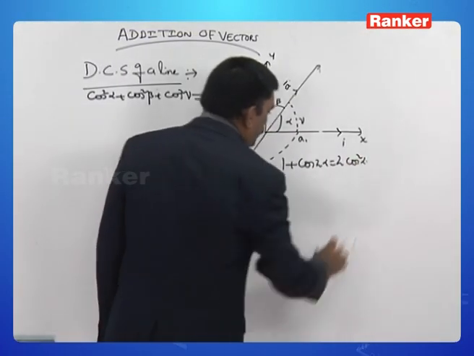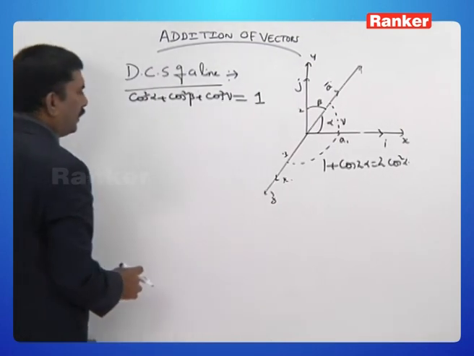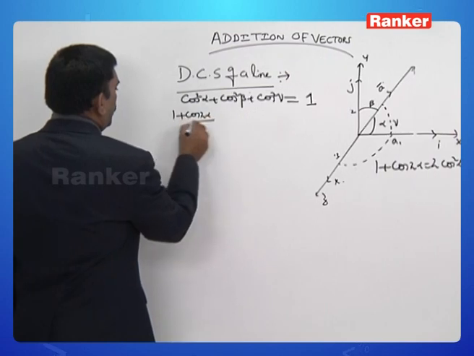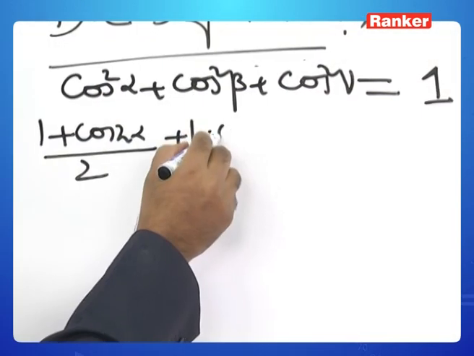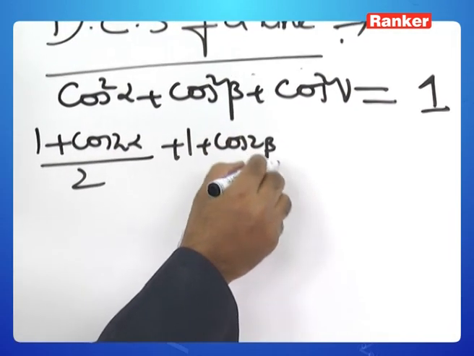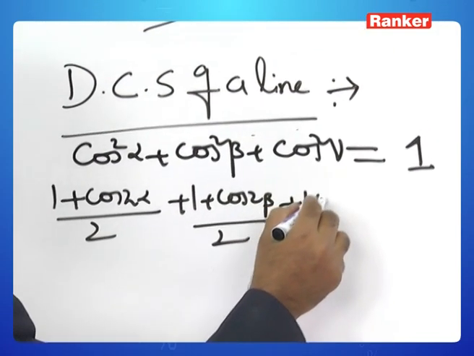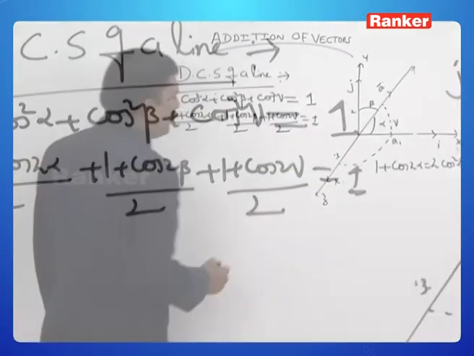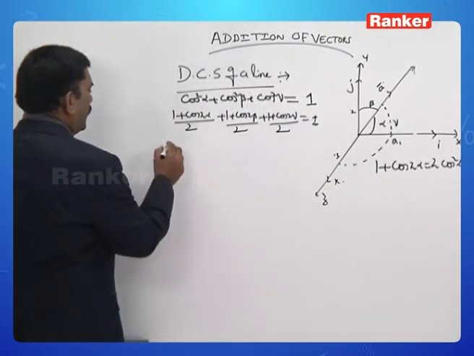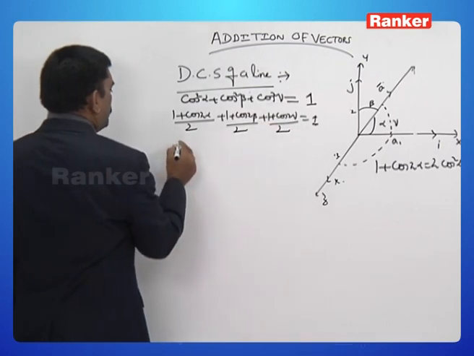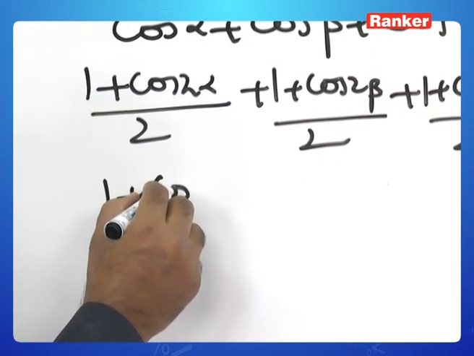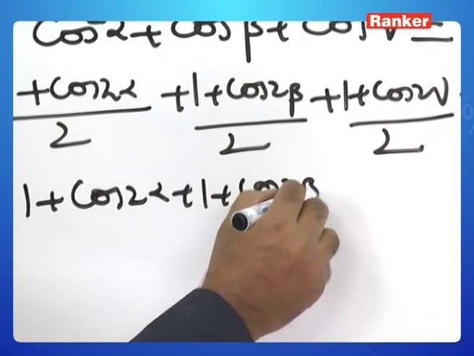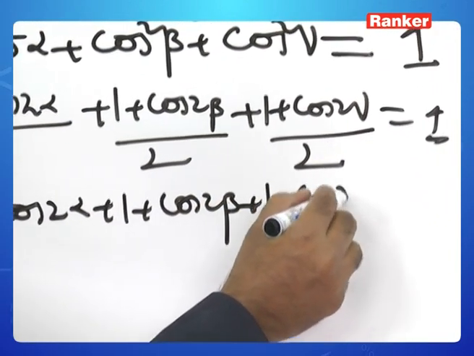So therefore, now I can write this as 1 plus cos 2 alpha by 2, plus 1 plus cos 2 beta by 2, plus 1 plus cos 2 gamma by 2 is equal to 1, right?